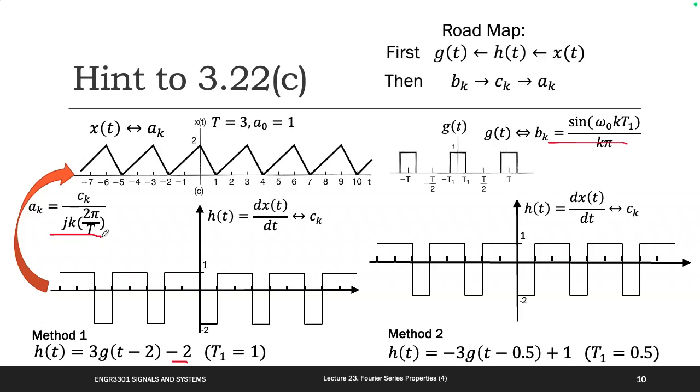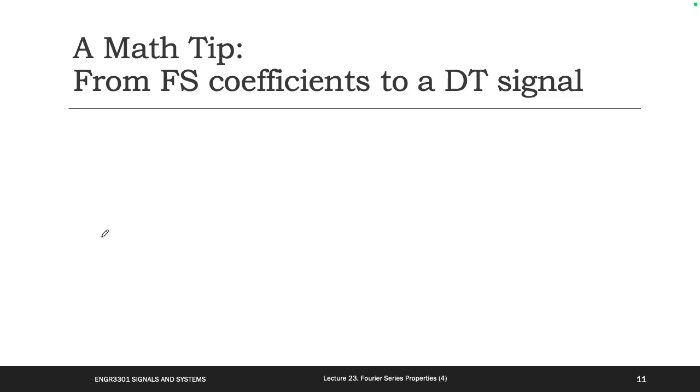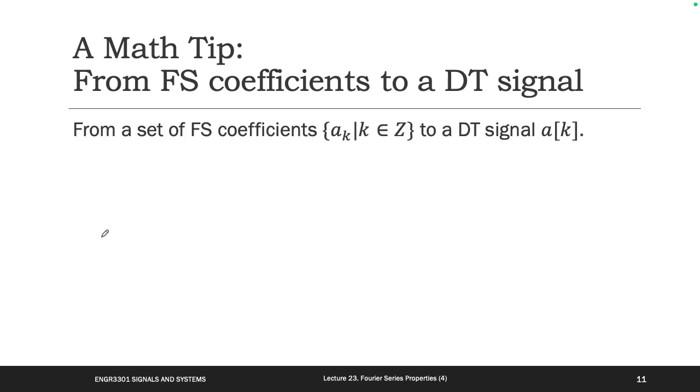Okay, and then let's talk about, actually, this is just a mapping from FS coefficients to a DT signal. Actually, from a set of FS coefficients AK, you can represent these FS coefficients with a DT signal. Let me give you an example.